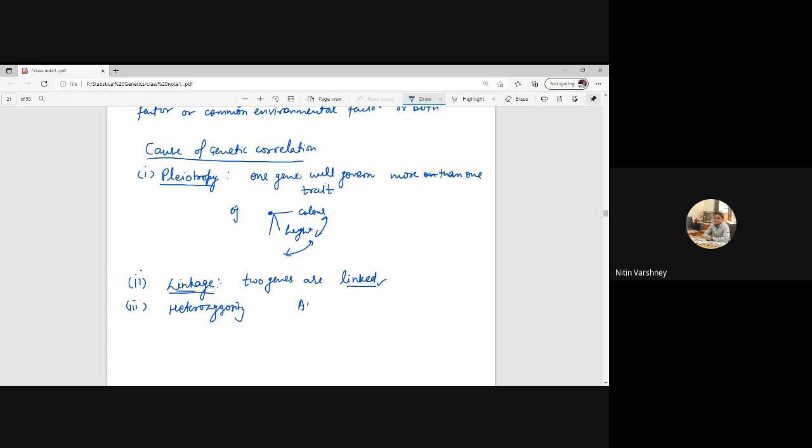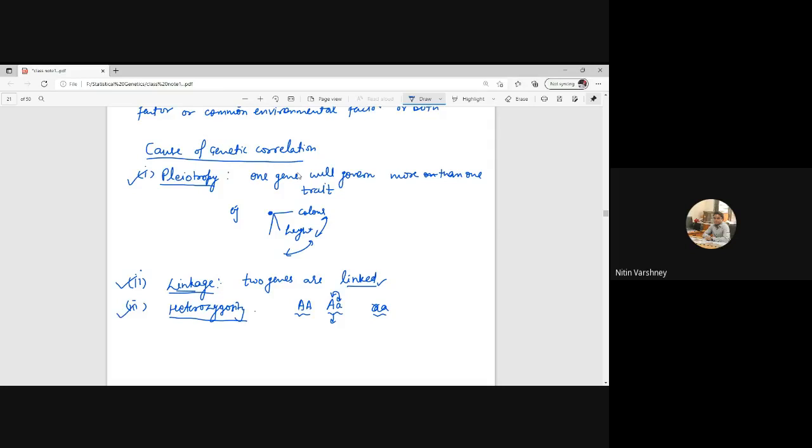So see, this is homozygous recessive, this is homozygous dominant. Now capital A small a is there, that is heterozygous. So if there is more heterozygosity, it means there is a correlation between capital A and small a. Okay, so these three causes are there for genetic correlation. One is pleiotropy, that is the more important cause, then linkage, and heterozygosity.